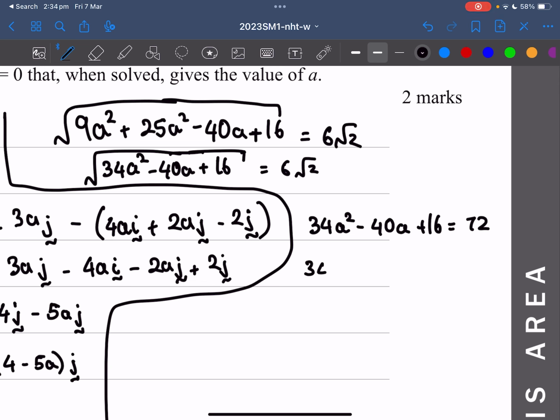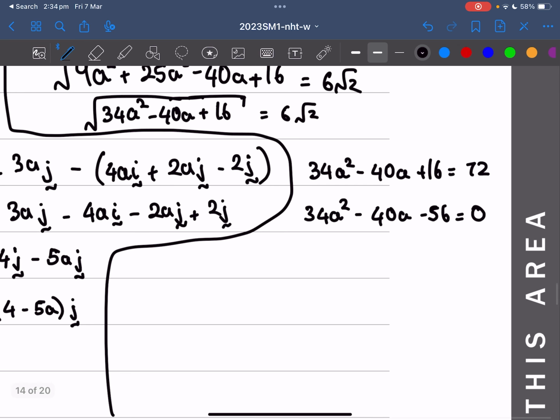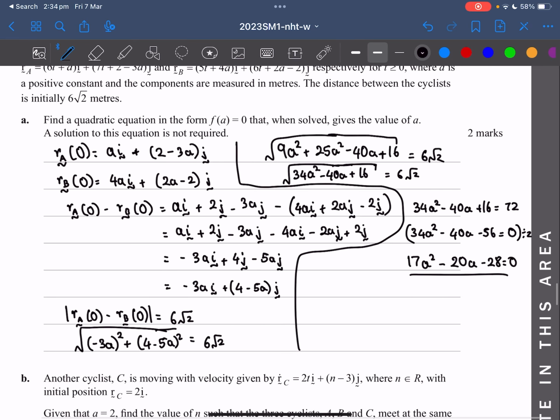So 34a squared minus 40a, 16 minus 72 will be minus 56, is equals to 0. And finally, we can divide the whole thing by 2. So we'll have 17a squared minus 20a minus 28 is equals to 0. So this is going to be our answer for this question.